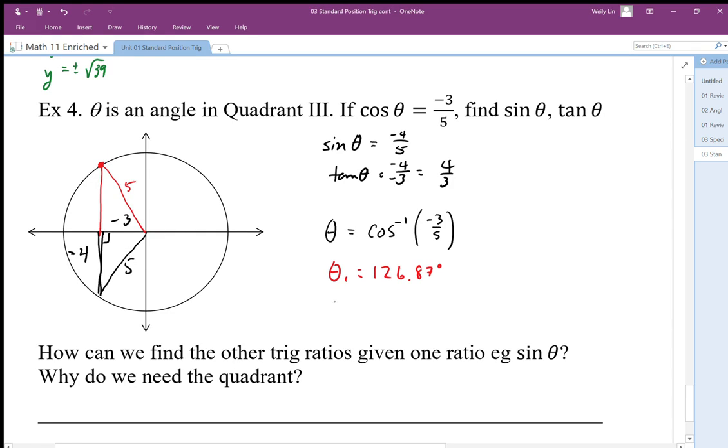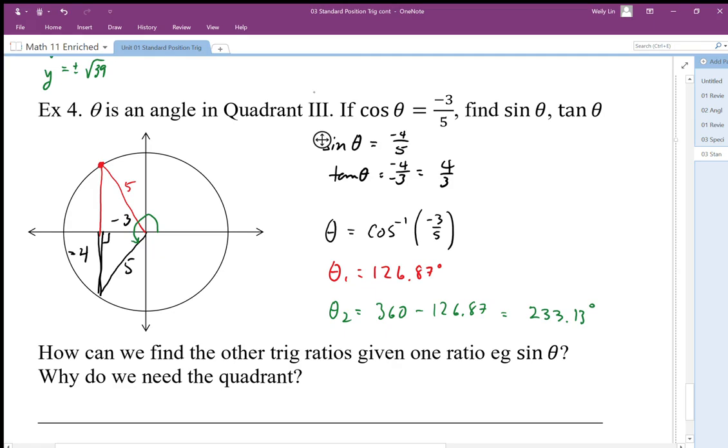So my theta 2 angle is 360 going backwards, theta 1. Okay, that ends up giving us 233.13 degrees, I think. Okay, so that gives us our angle measured in standard position to the point that we are describing.